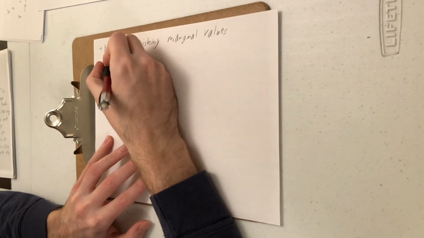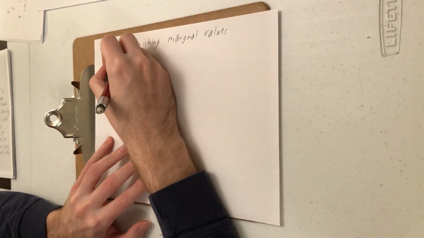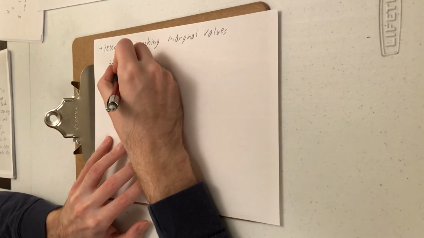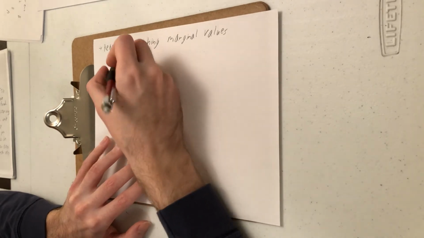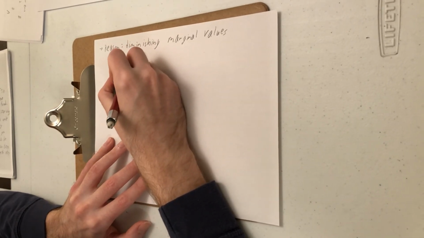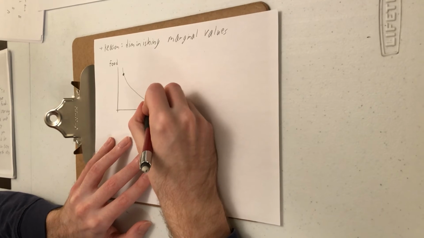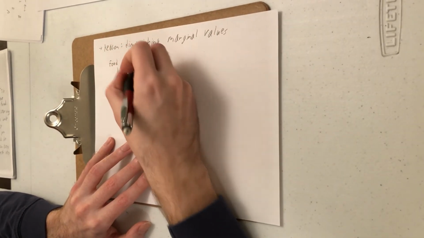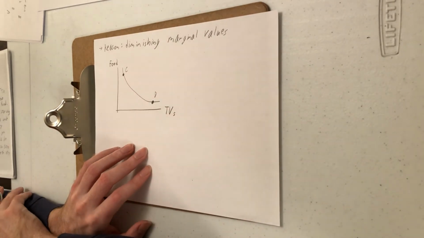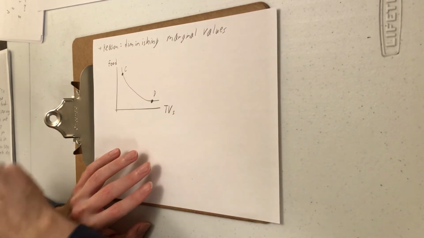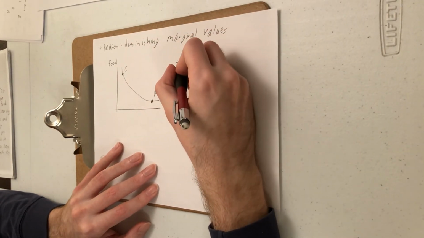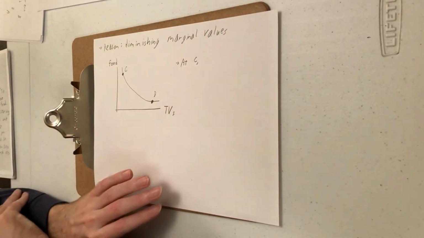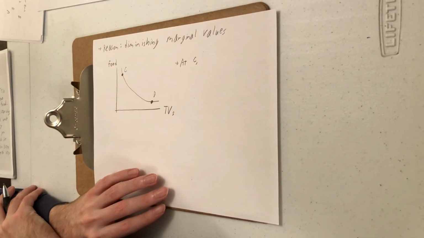So an example, you could look at, let's say, food and TVs. Let's call us points C and D. So at C, we have a lot of food, but we don't have many TVs.